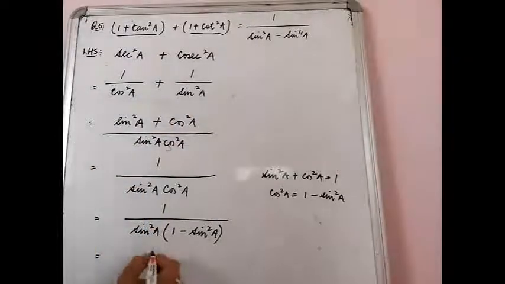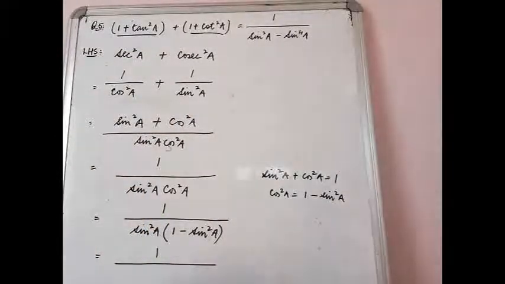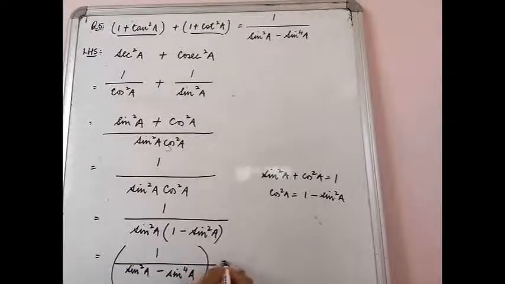We only need sine. So now one last step is remaining. In the last step, this sine square A goes inside. So you have sine square A into 1, which will give you sine square A itself, minus sine square A into sine square A will make it sine to the power 4A. This entire thing is what you had to prove. So this is equal to your right hand side, as you can see.